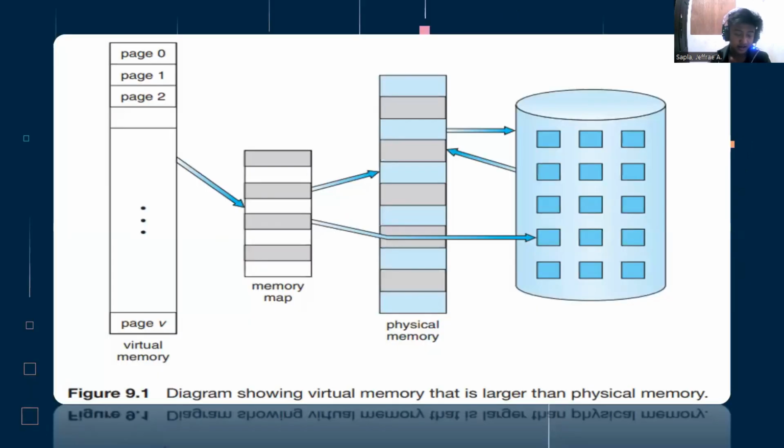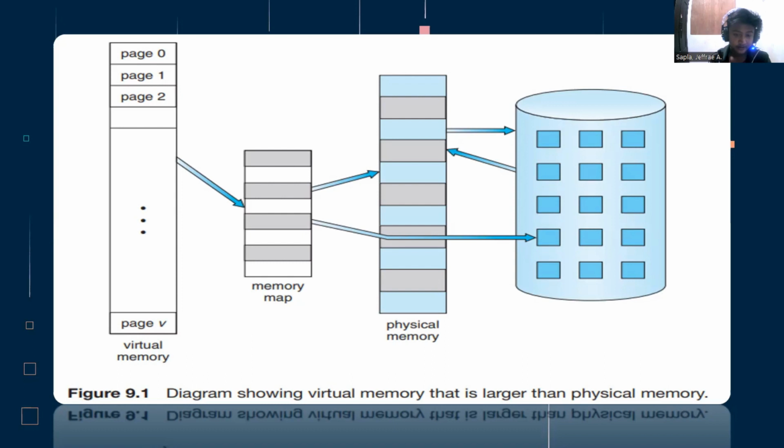This diagram shows virtual memory that is larger than physical memory. Virtual memory makes the task of programming much easier, because the programmer no longer needs to worry about the amount of physical memory available. She can concentrate instead on the problem to be programmed.